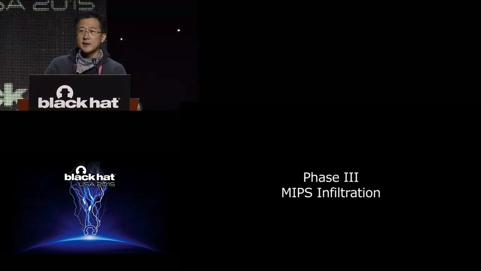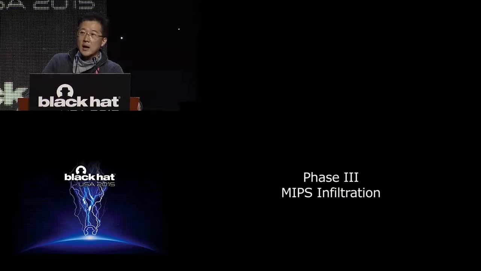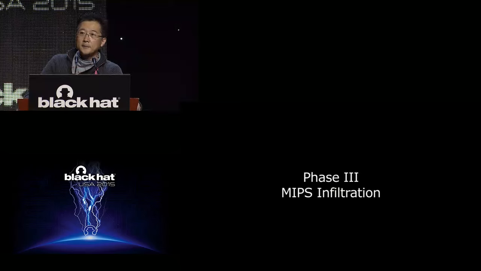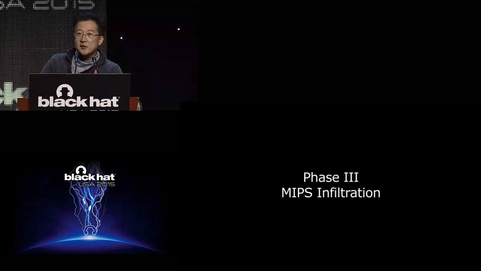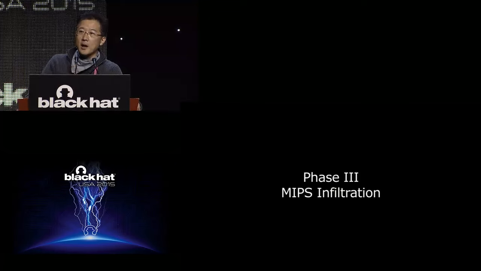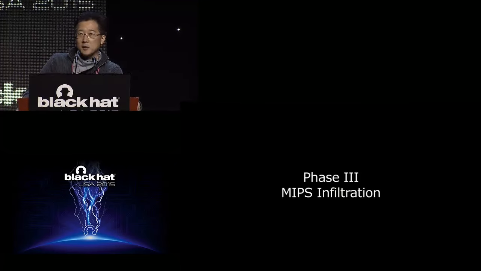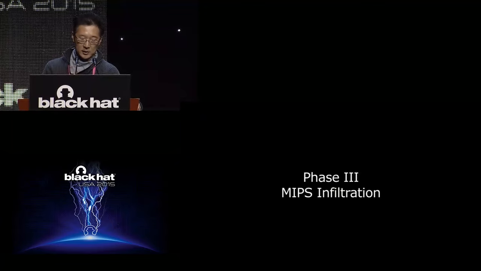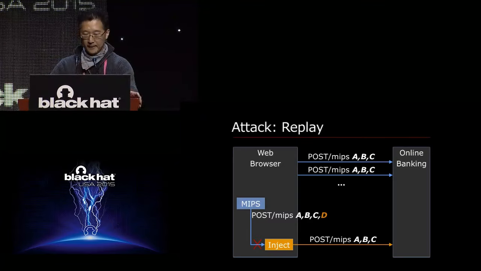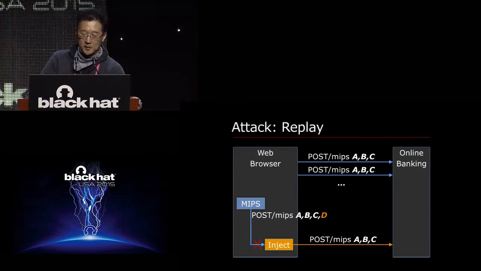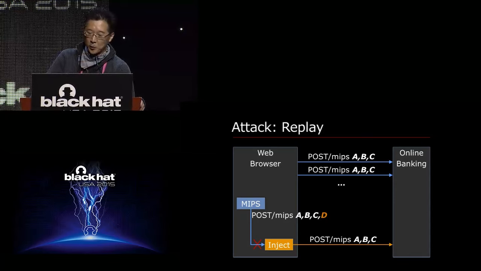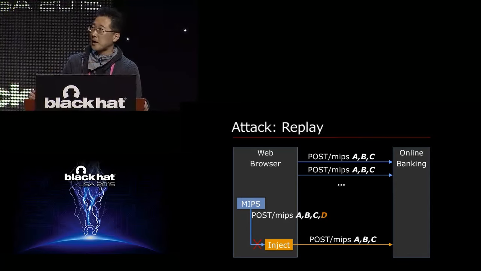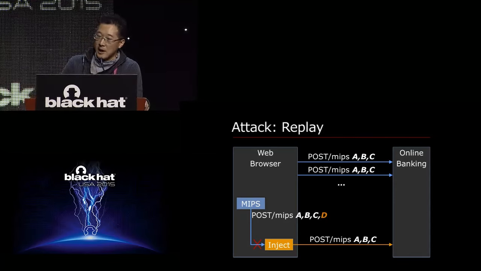But the bad guys have the privilege here, because they can insert arbitrary code into the MIPS, modify the code, tamper with the data, and so on. It's something we should be aware of, and because of that, this attack is possible.